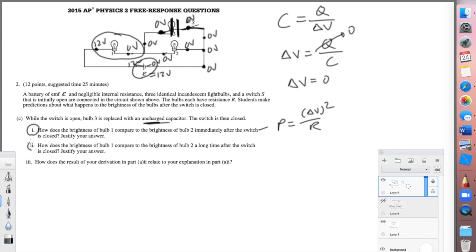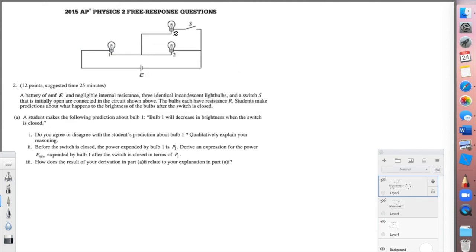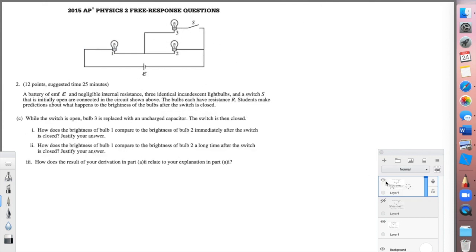Okay, second question. So now same thing, but a long time after the switch is closed. So let's draw in a capacitor here. Here's a capacitor instead of a bulb. Okay, so switch has been closed for a long time, which means the capacitor is now fully charged.